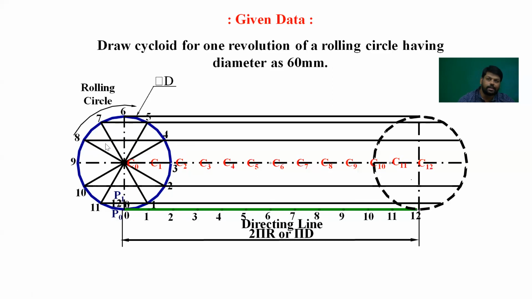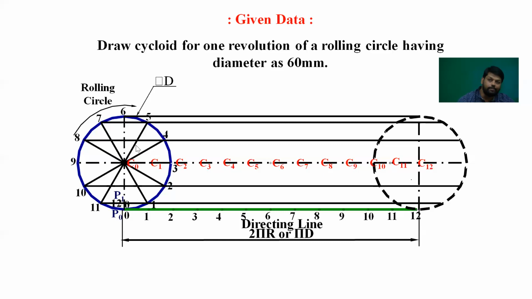When this circle rolls clockwise, point 1 comes in contact with the line, and this point P, for which we are going to draw the cycloid, will rise up, and we have to find where it rises. The center C0 will become C1 when 1 is in contact. The center to this P distance will never change when the circle is rolling. So with that condition, we take the compass, measure the distance as radius, put C1 as center, and cut the line passing through 1, so that we get a point which is called P1.